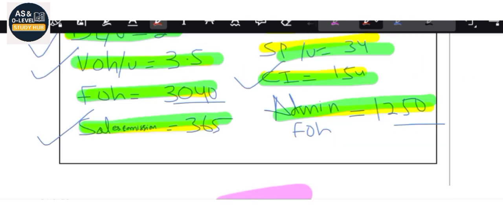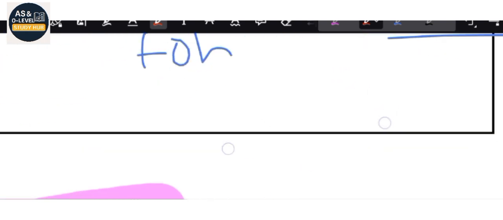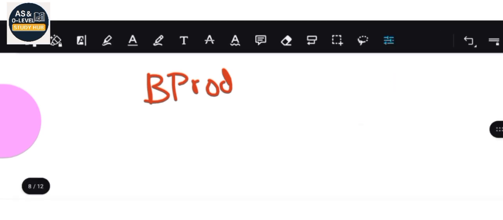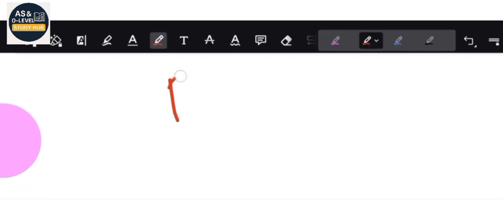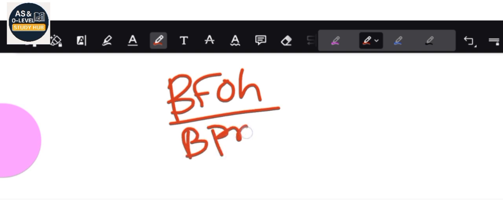The formula for calculating the absorption rate is budgeted FOH upon budgeted production.